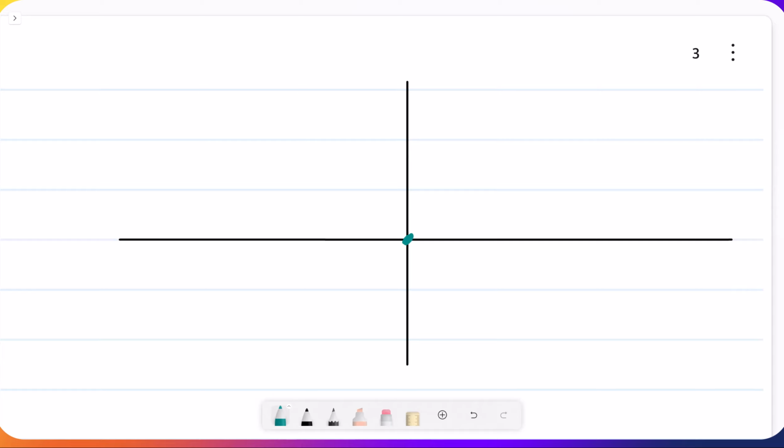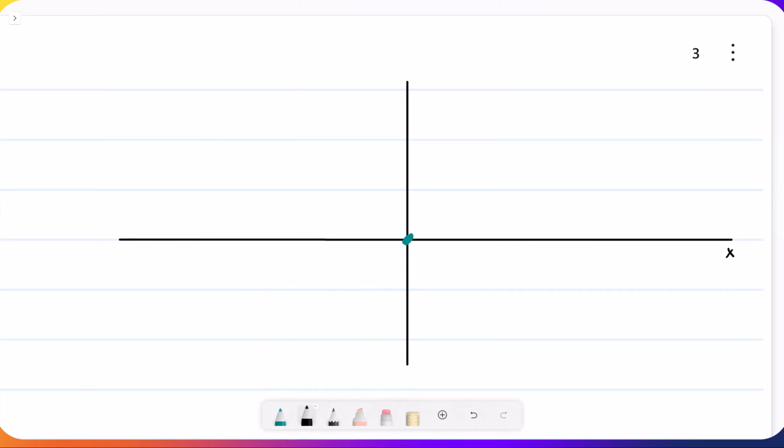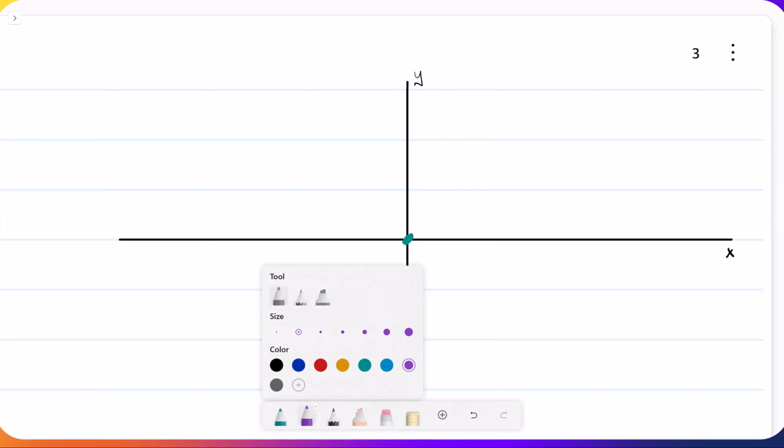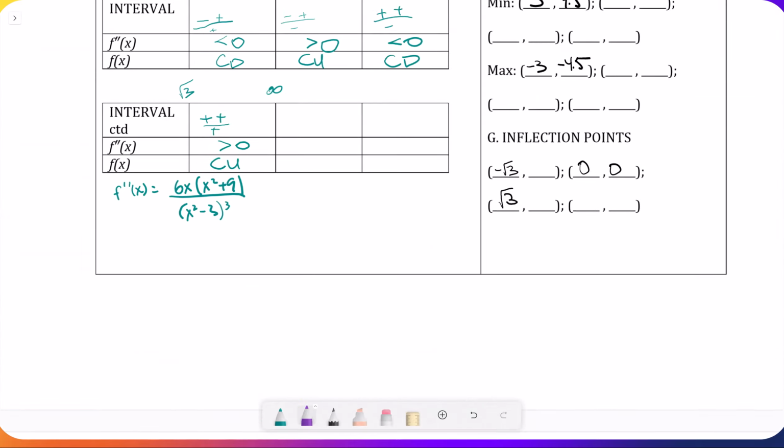We also know that the locations of demarcation that are going to be critical for this function are going to be negative 3, negative radical 3, radical 3, and 3.